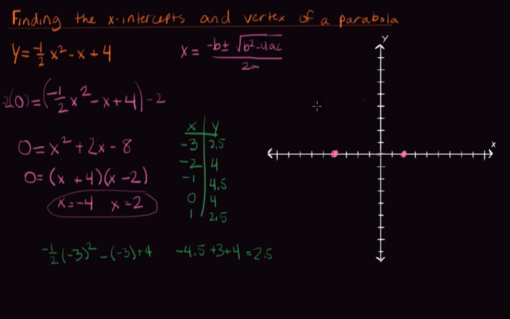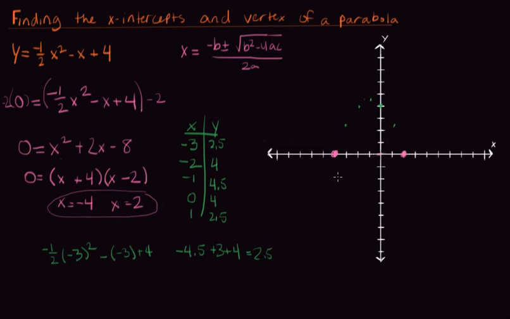Okay, so let's go ahead and graph these. Negative 3 is 2.5. Negative 2 is 4. Negative 1 is 4.5. 0 is 4. And 1 is 2.5.